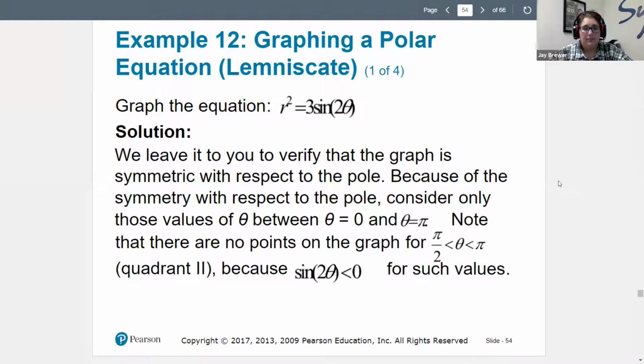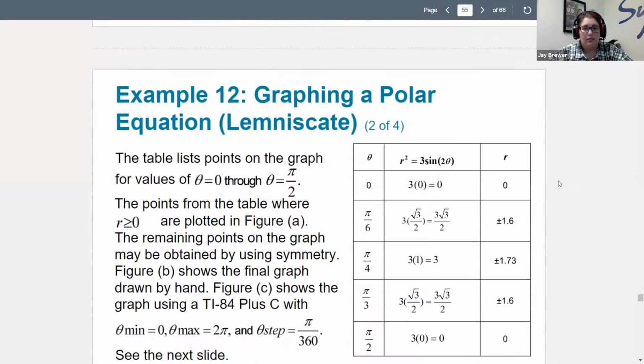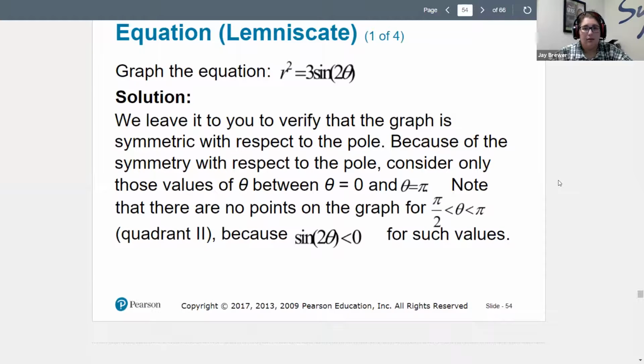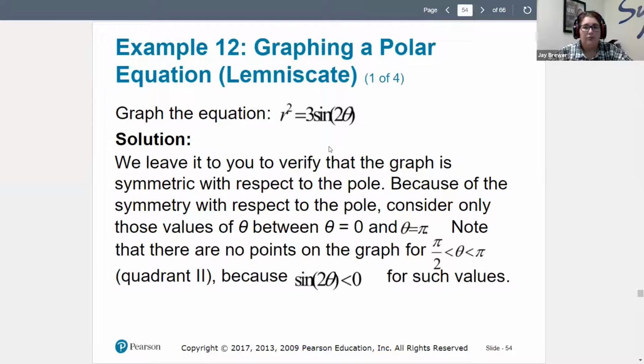Okay, so let's take a look at what this one looks like. So for some reason here, okay, it only took them 4 examples, but they have now decided that the symmetry is not necessary. They say we leave you to verify that the graph is symmetric with the pole. So they basically were only showing you that to practice it.